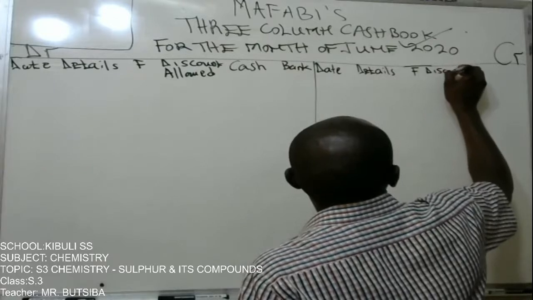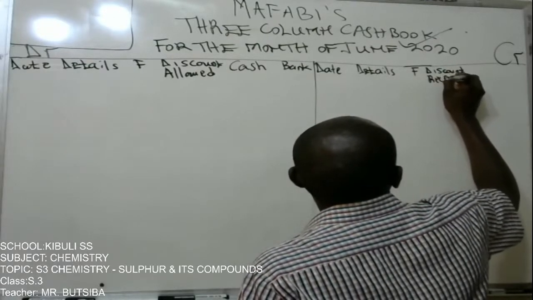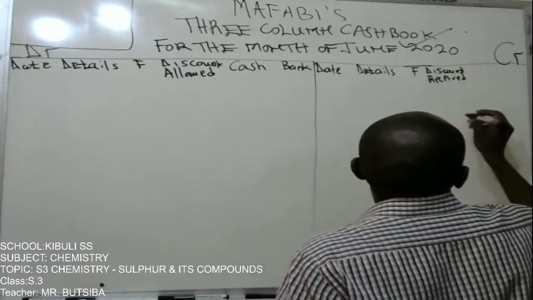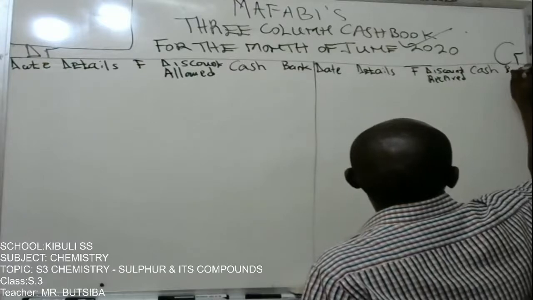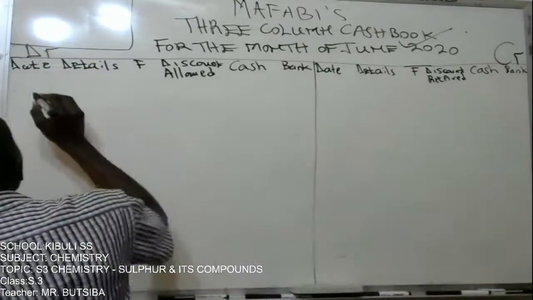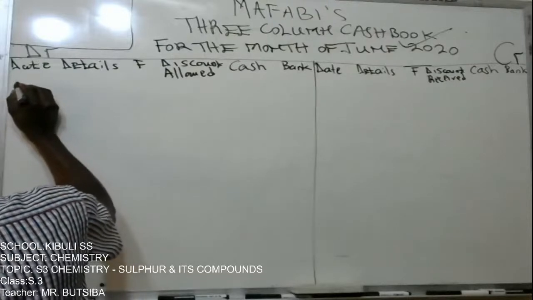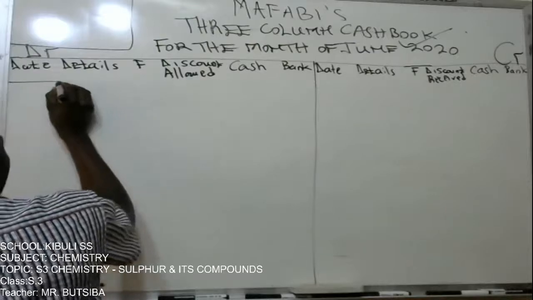So this time around, discount what? Discount received on the credit side, and then you have cash, and then the bank column. Make sure you space your columns very well so that you don't over squeeze the information there.